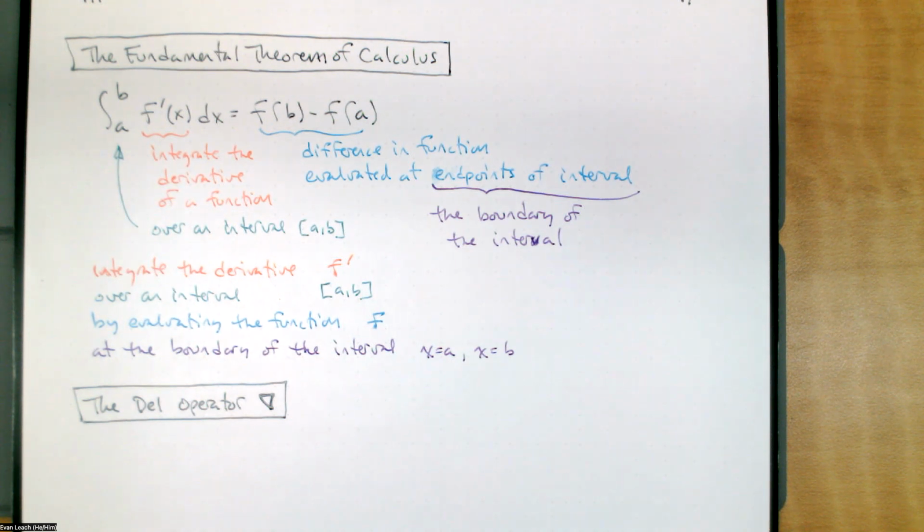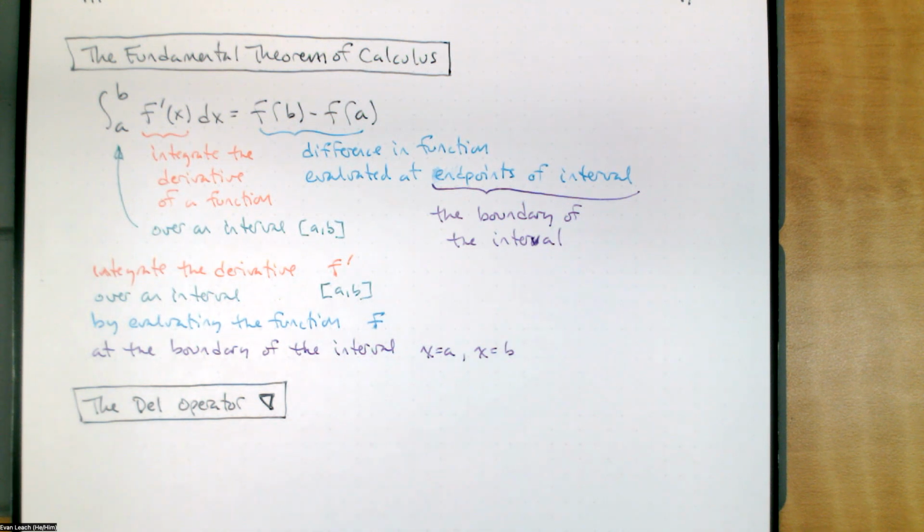So, when we're in vector calculus, we need something else to stand in for the derivative. Since we're dealing with functions of more than one variable, we're going to need some partial derivatives and some way to combine them. Since we're talking about vector calculus, it's probably going to be a vector.